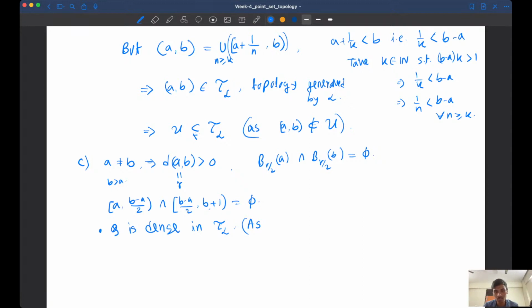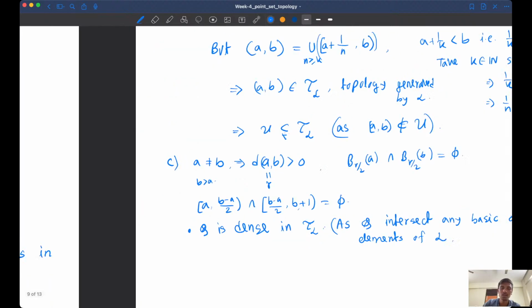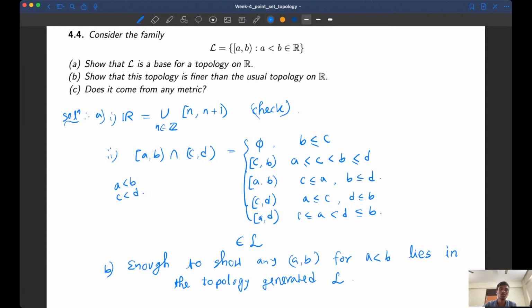So Q intersects any basic open set, the elements of this L, because they are intervals (a, b) with a less than b, and between any two numbers you know there are infinitely many rational and irrational numbers as well.